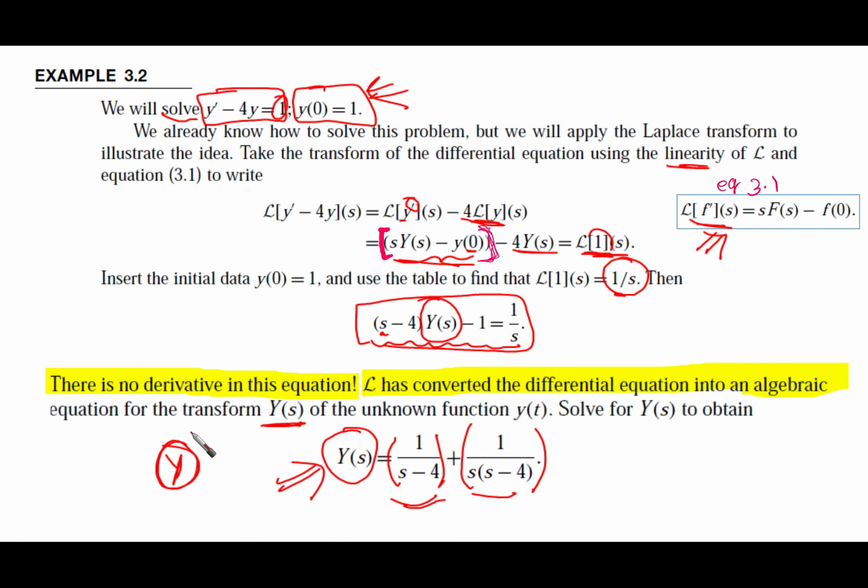So we need to take what? Exactly, the inverse Laplace transform of this equation from both sides, and we can get y. So this capital Y of s is going to be changed to small y.